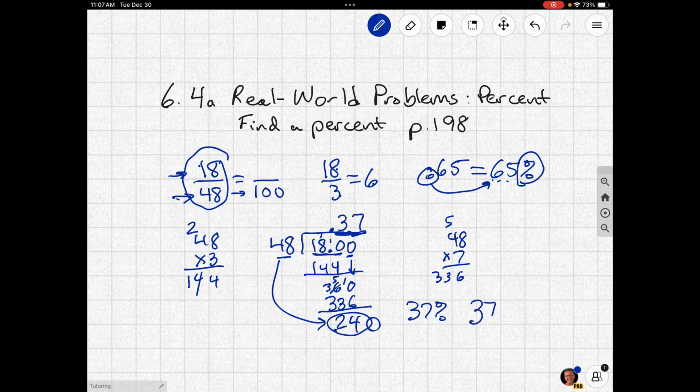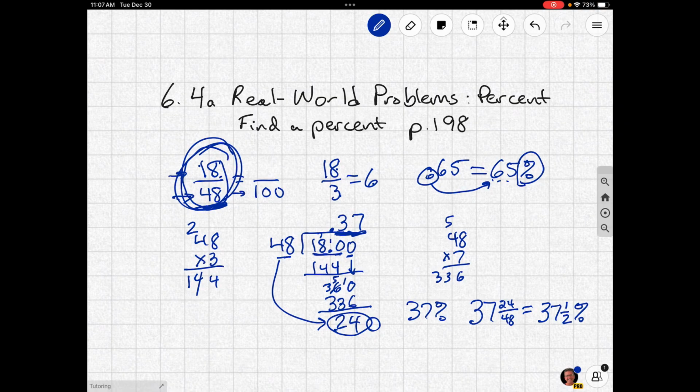So my answer is actually 37, with a leftover of 24 out of 48. Now remember, the denominator is 48, right? And your leftover is going to be out of 48. Most of you can probably recognize that that is 37.5. 24 doubled is 48. So 37.5% is how you solve that.